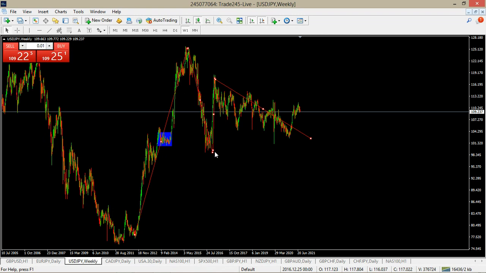From there we had another bullish movement from here to up there, and then another bearish movement. The third movement that I never mentioned is the consolidation movement. This one is the tricky one for the forex market.